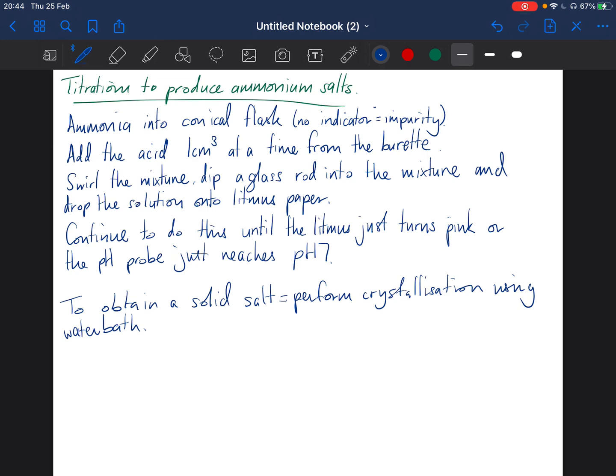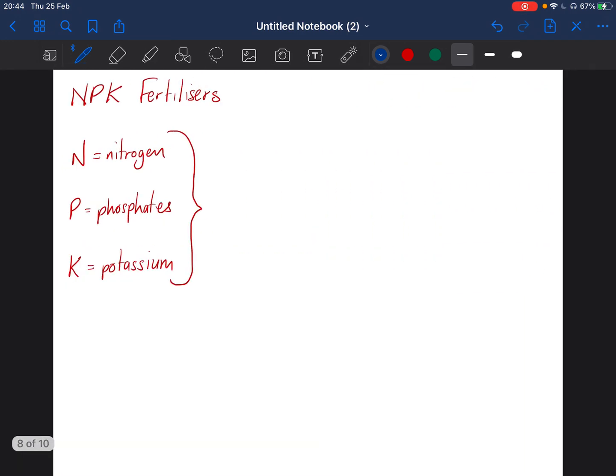Why are we actually doing this? We're doing this because we want to make NPK fertilizers. Now, NPK fertilizers are a formulation, okay, guys? They're a mixture of different chemicals or different chemical fertilizers, okay, guys?